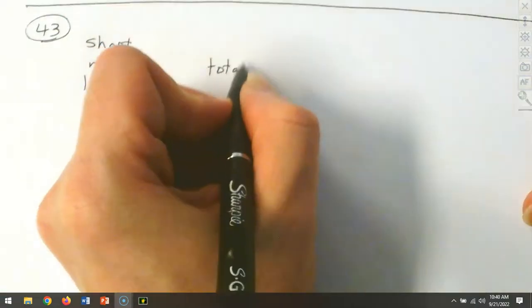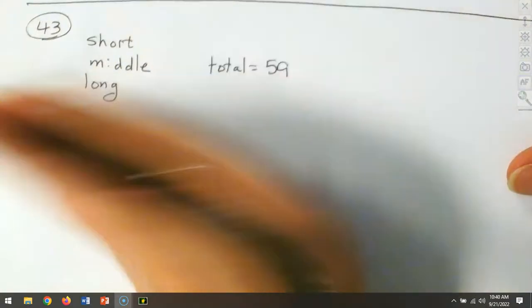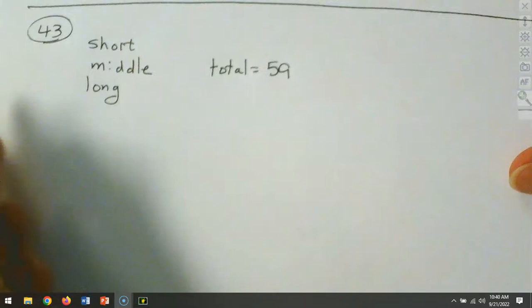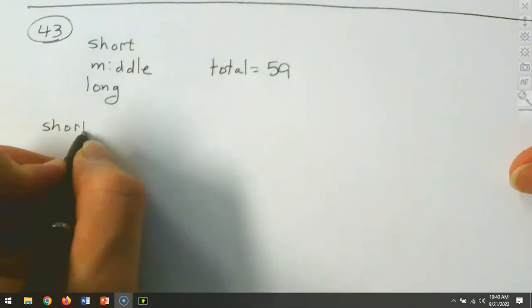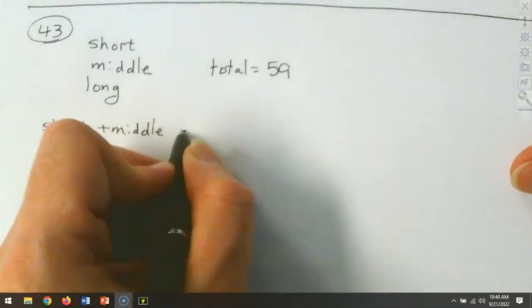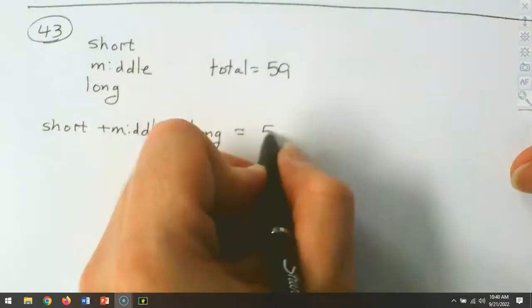This again works off a total, and what's my total? Did someone tell me? Yep, total is going to be that 59. And so when I write this out, we have the short side plus the middle plus the long side, and that equals your 59.